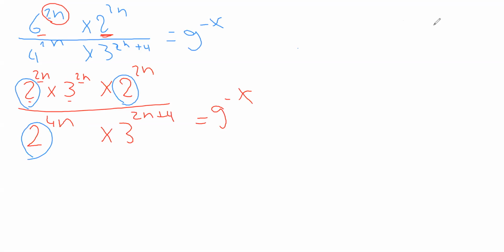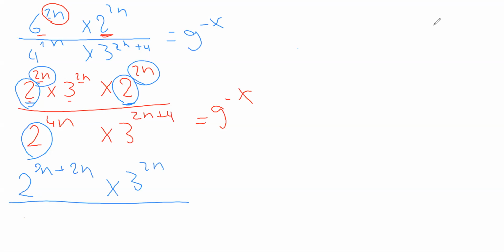If there is a division sign, here I have 2 and 2, the same base, 2n and 2n. What I will do with them? 2n plus 2n minus 4n, yes, 0 in the end. 2n plus 2n, okay, times 3 power 2n. I will do it step by step: 2 power 4n times 3 power 2n plus 4 equal 9 power negative x.